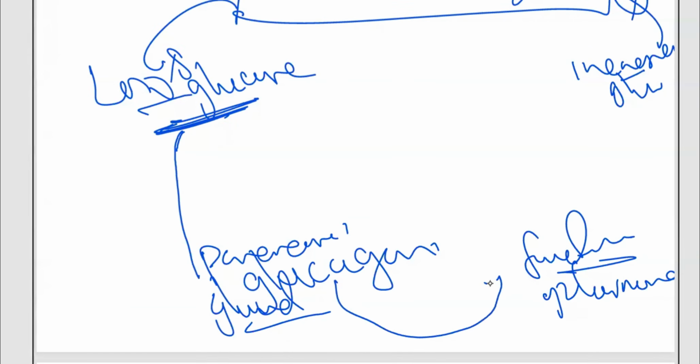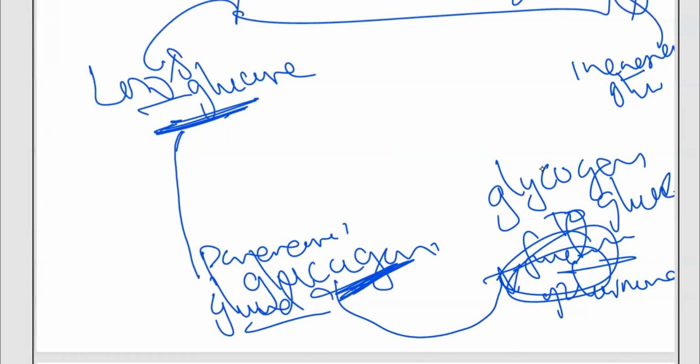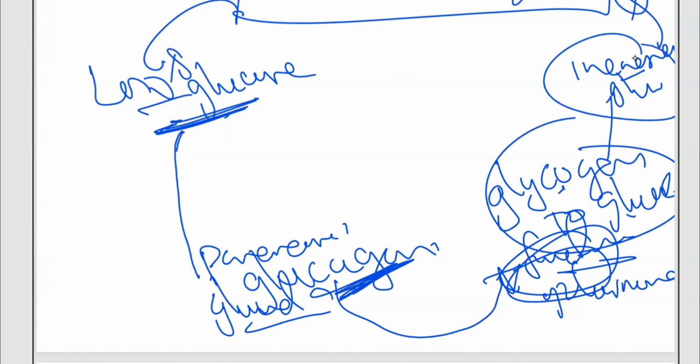Now what's the function of glucagon? The glucagon is going to stimulate the liver to convert glycogen back to glucose. You see, I'm talking about the function of glucagon, which is produced here. And then after that, the moment glycogen goes back to glucose, the level of glucose in the blood increases and then goes back to normal.